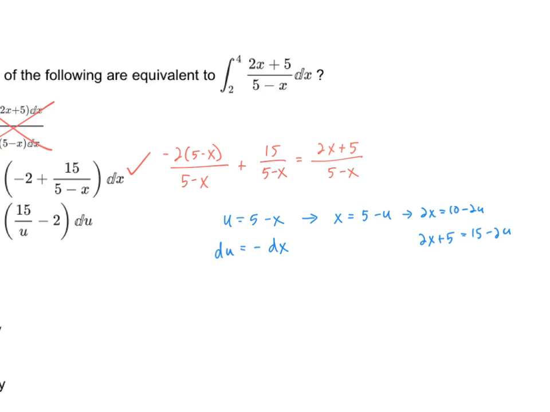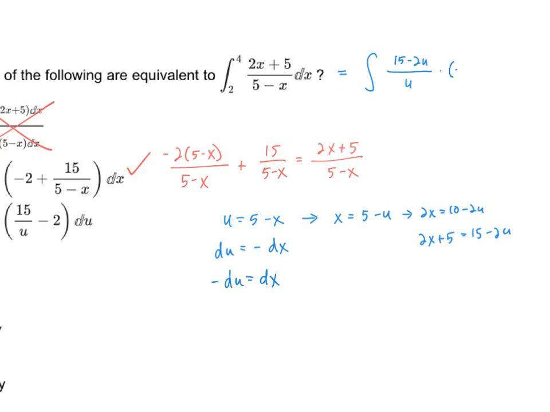Okay, now we just start substituting everything. We'll do limits last. So the 2x plus 5 is the 15 minus 2u. The 5 minus x is just u. And then this dx is negative du.